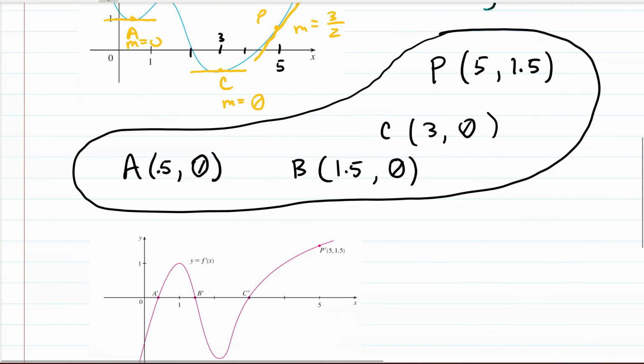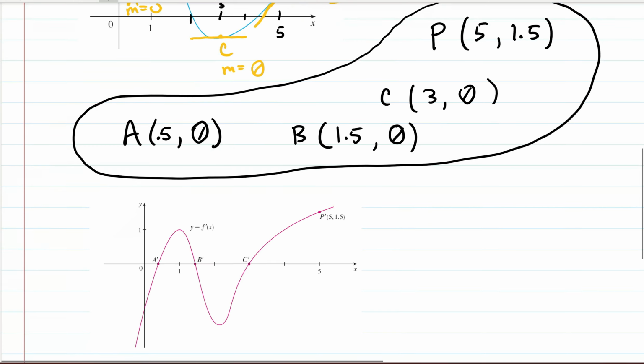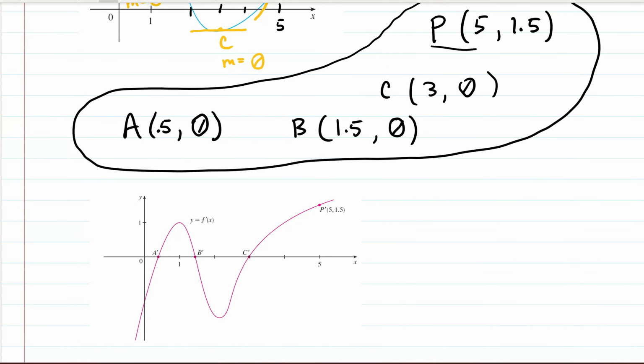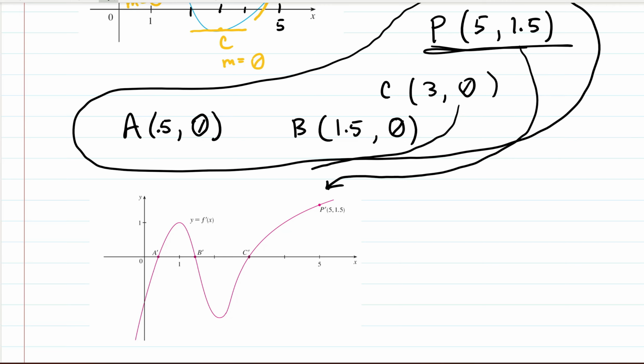So we can take those and now plot these points. For instance, P, 5 comma 1.5, is right there, 3 comma 0, and 1.5 comma 0, as well as 0.5 comma 0.